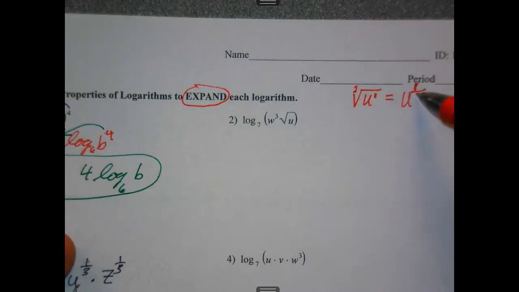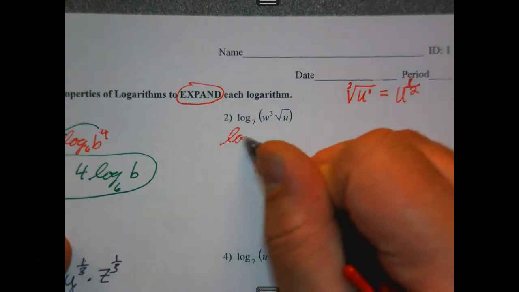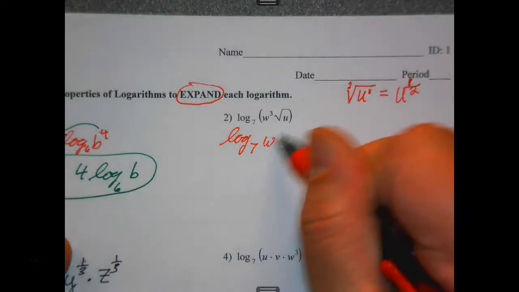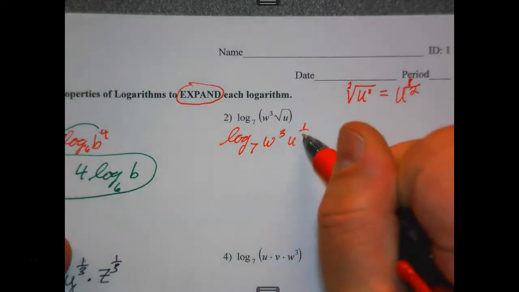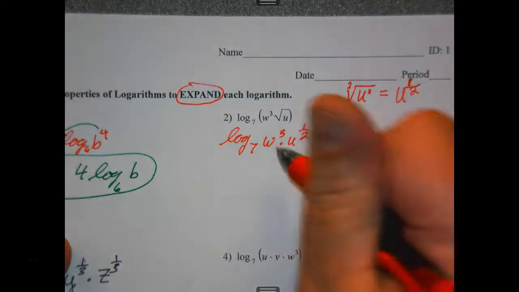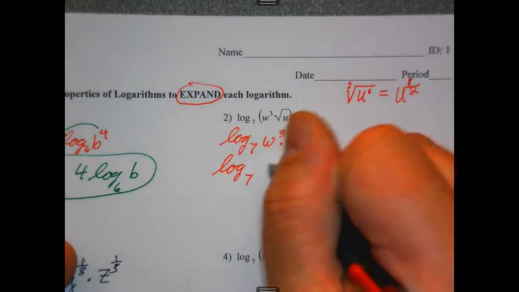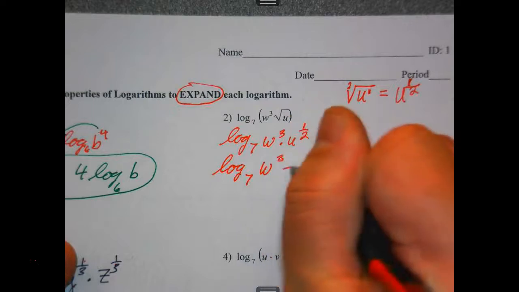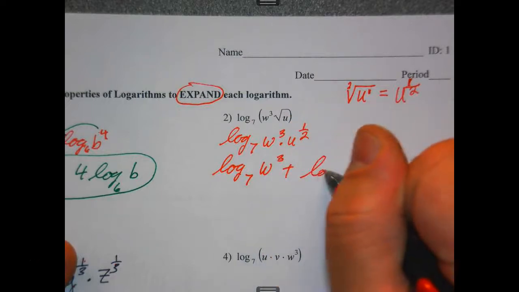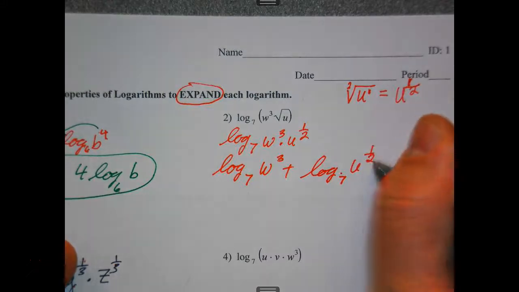It's going to be u to the 1/2. Okay, multiplication becomes addition. And my exponents come out.